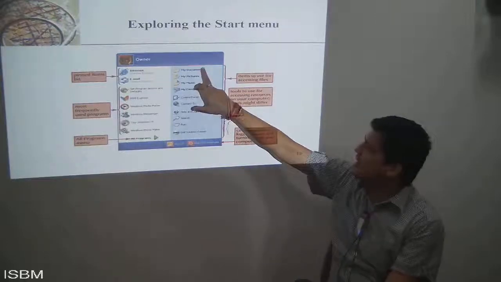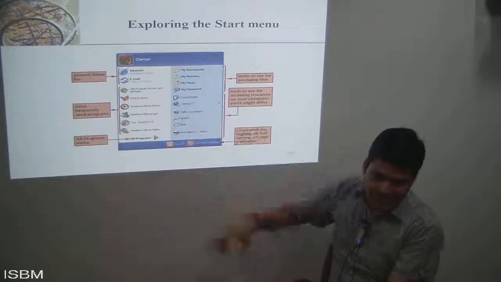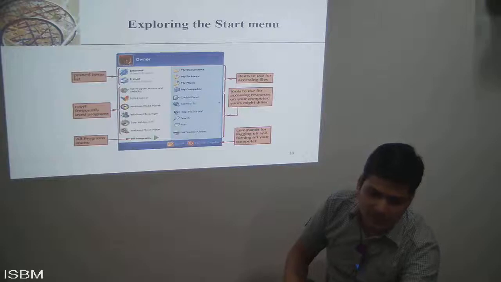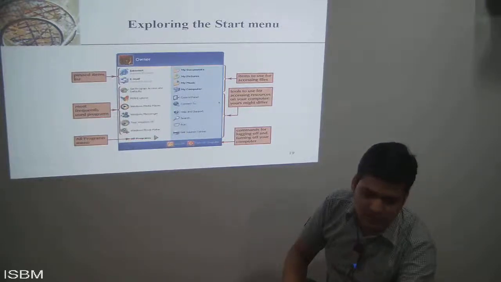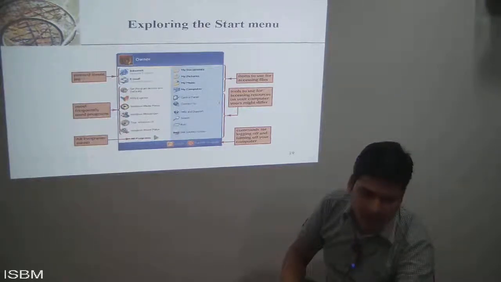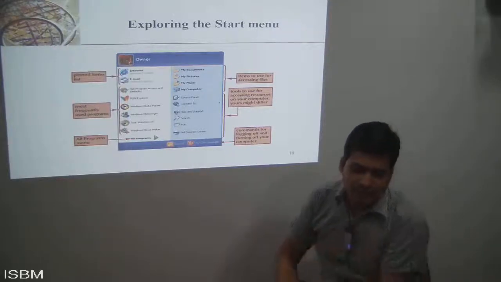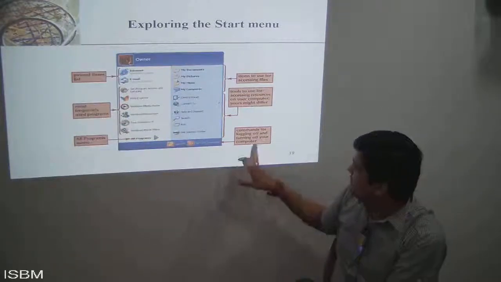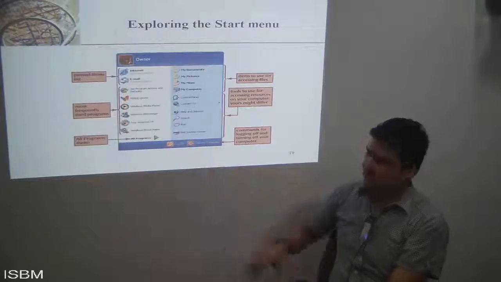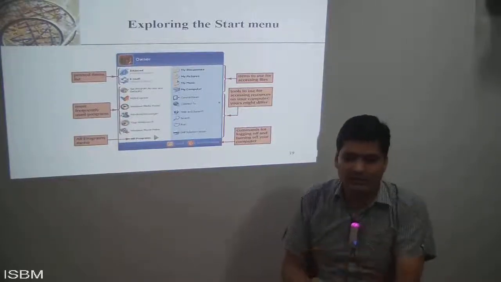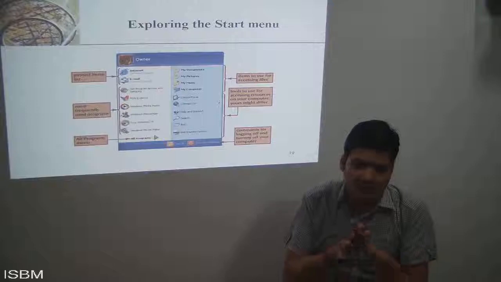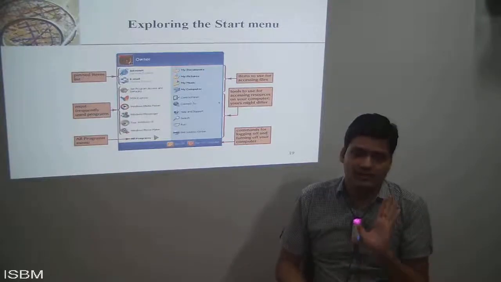These items are used for accessing the files. Initially 4 things. Then tools used for accessing resources on your computer might differ. These are from Control Panel down to Dell Center, and then commands for logging off and turning off your computer. These are all about the start menu of your system.